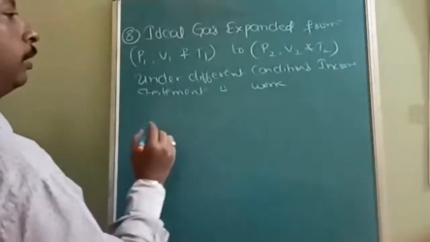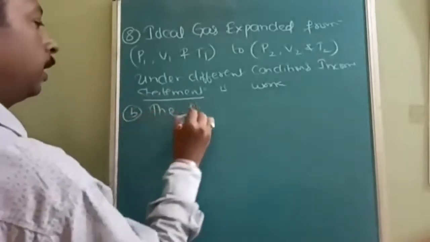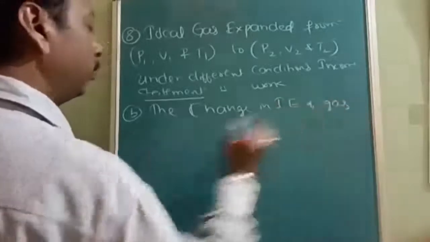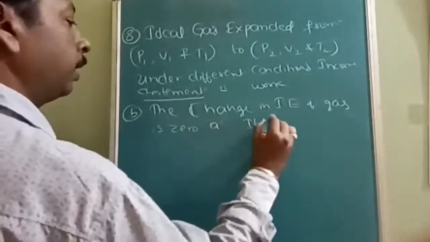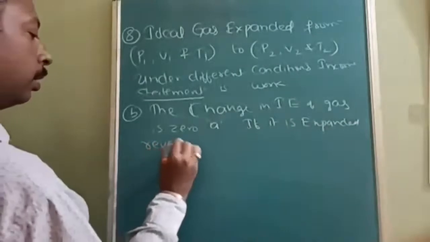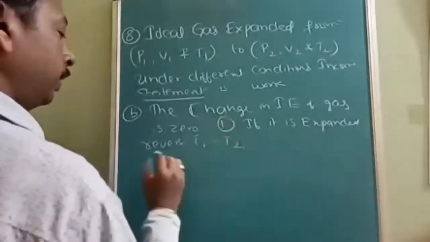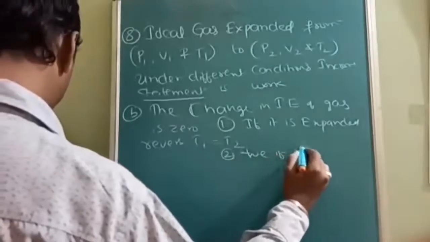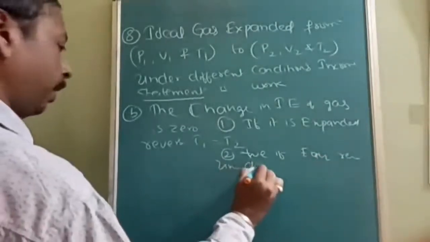What you have to select? The wrong statement. Okay, the incorrect statement. And in this, the incorrect statement is given as the change in internal energy of the gas is zero in option A, if it is expanded reversibly with T1 equal to T2, and in the other option, if it is expanded reversibly under adiabatic condition.